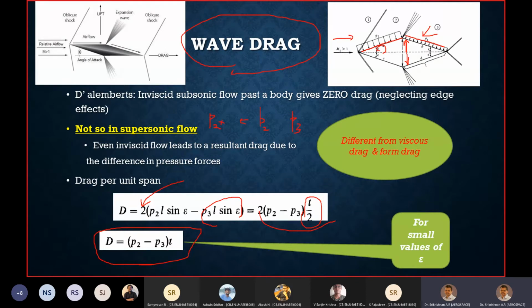The importance of wave drag is very significant in supersonic flows, and it's even more in hypersonic flows, because as the Mach number increases, the resultant forces and differences in pressures are going to increase. The same theory that we have applies to hypersonic flow, and the magnitudes are even more important there.